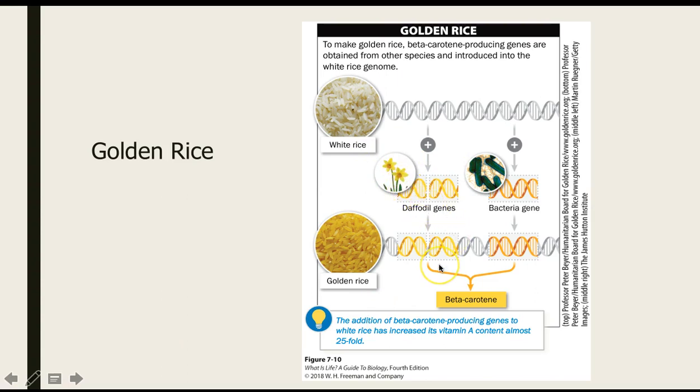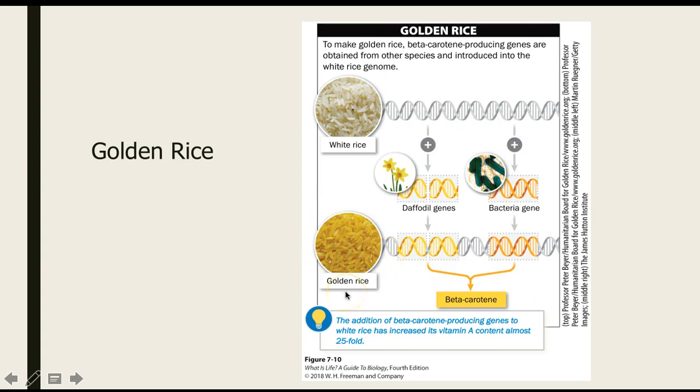So it makes it brighter, a stronger beta carotene, basically. So these three genes are put into normal white rice by cutting them out of the daffodil, cutting them out of the bacteria, and inserting them into the rice genome. And now the rice is able to make beta carotene.